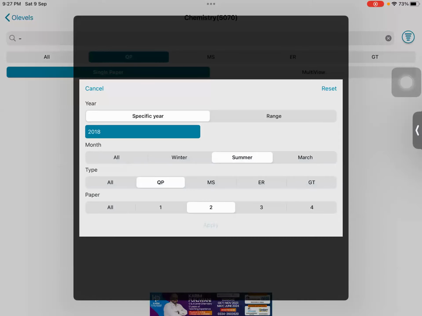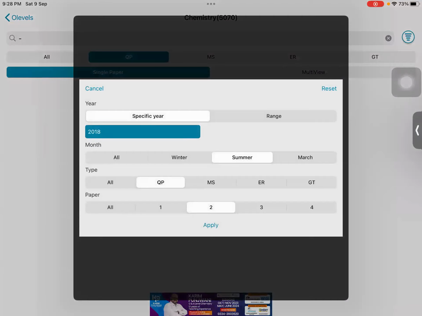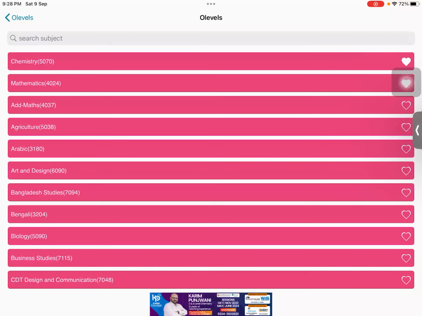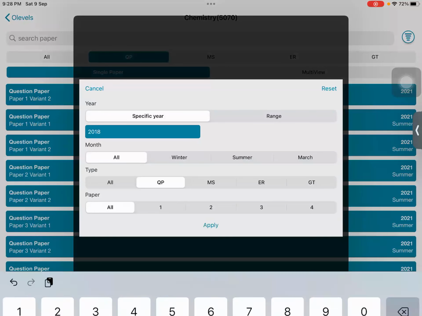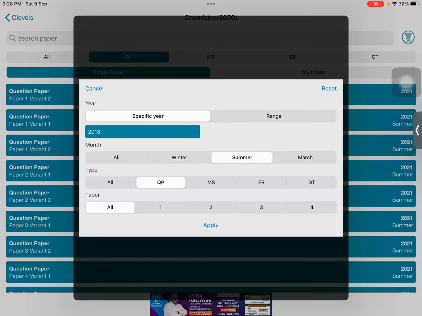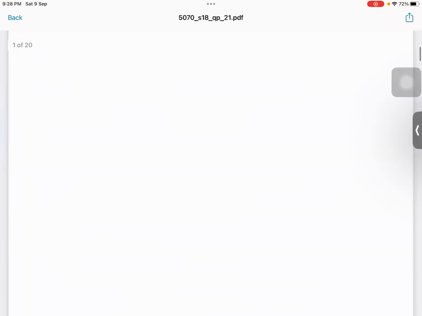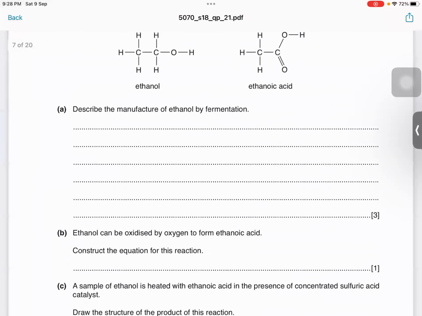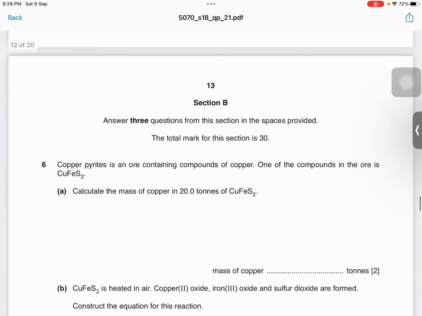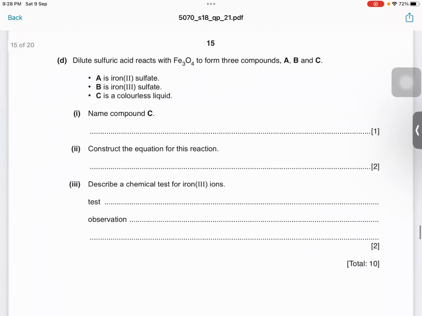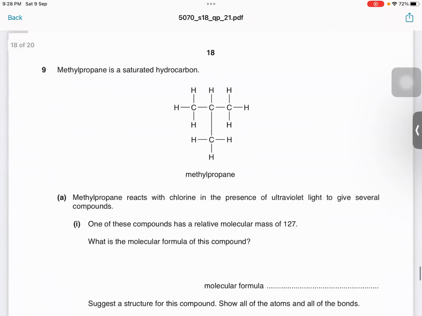The 2018 summer question paper, 5070, variant 21, question number 9. Here you have question number 9.